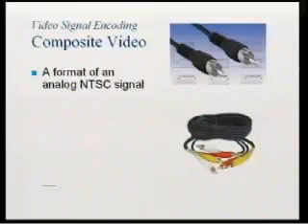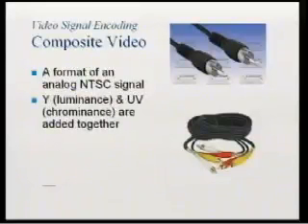Usually the yellow one is for composite video, and the red and the white are for your stereo audio. So in one sense, you're sending twice as much information or twice as much bandwidth for your sound as for your video, which doesn't really make any sense whatsoever. So it's very simple because you just have this one simple old-fashioned cable which costs 79 cents at Radio Shack, but it just doesn't do a great job.